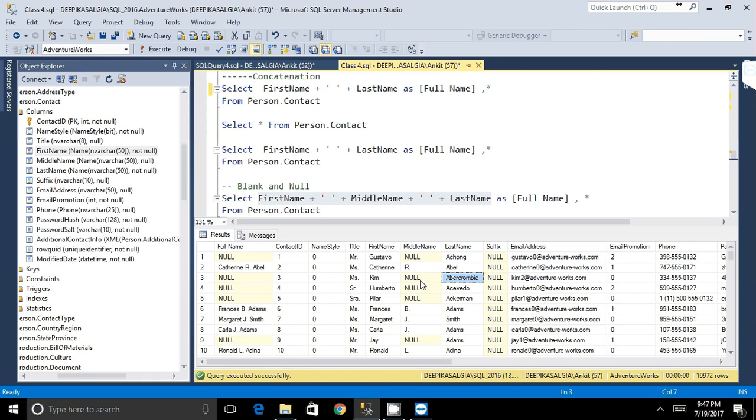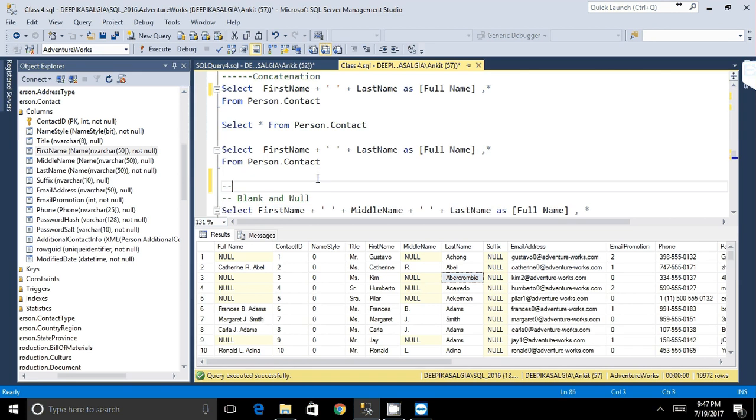So you have to be very careful from now. This is called handling the null values in the database. It's very important to understand this concept. How do you handle the null in the database? Because if you don't handle the null properly, you're going to have these kinds of situations where the full name will show up as null.